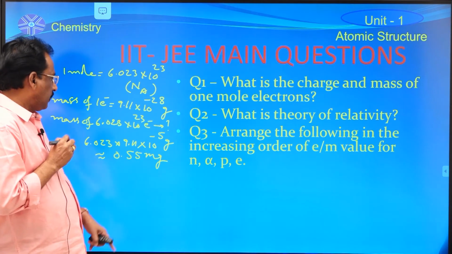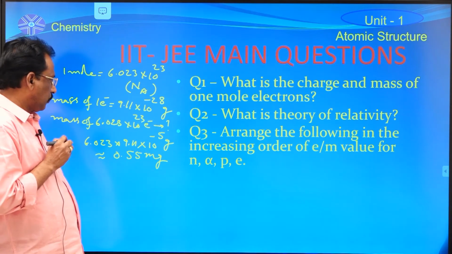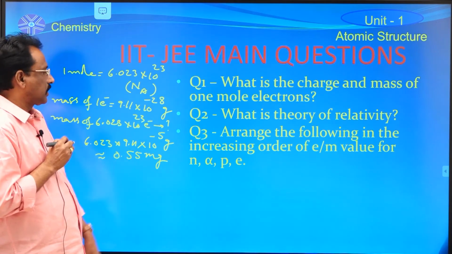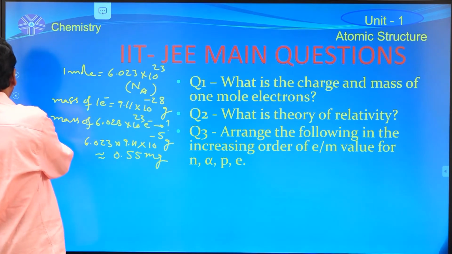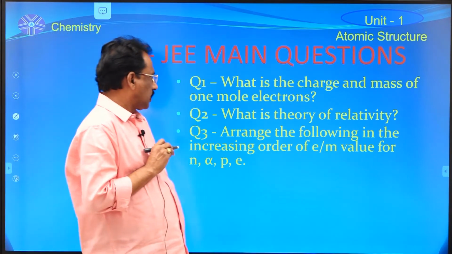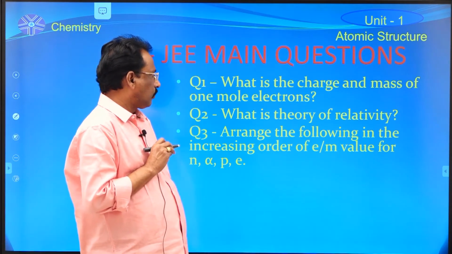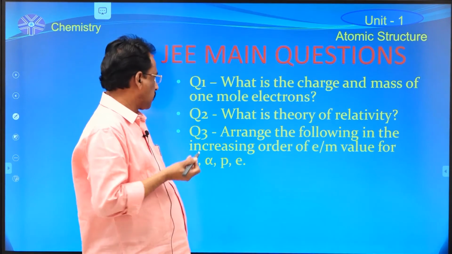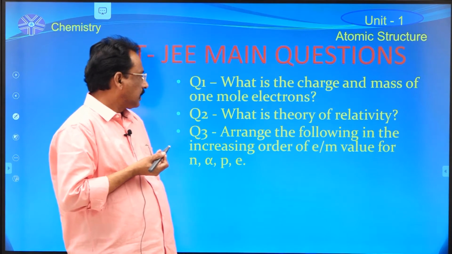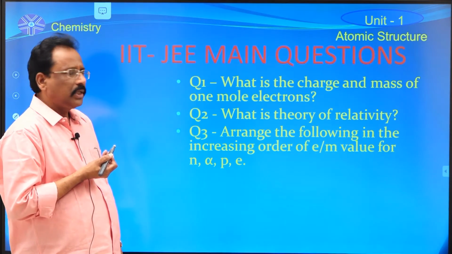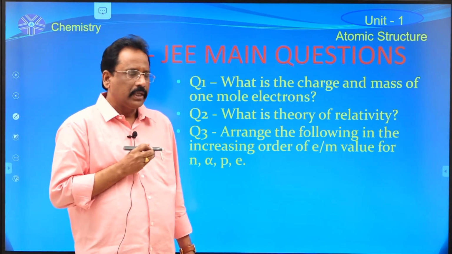In the case of grams, which is equal to 0.00055 grams. So this is about the calculation of the charge and mass of 1 mole electrons in IIT model problems.